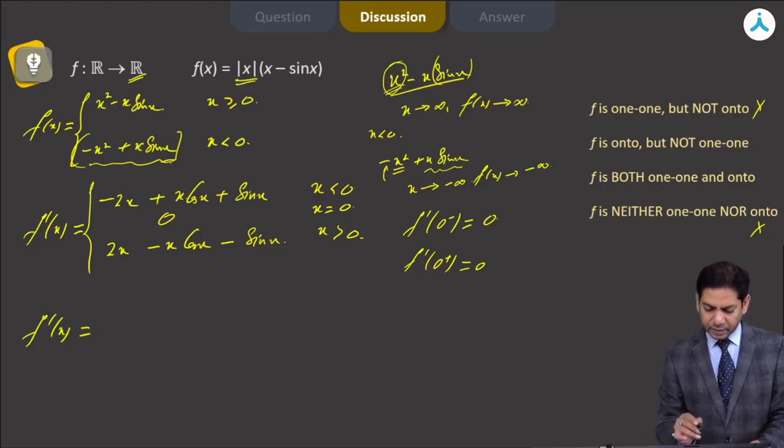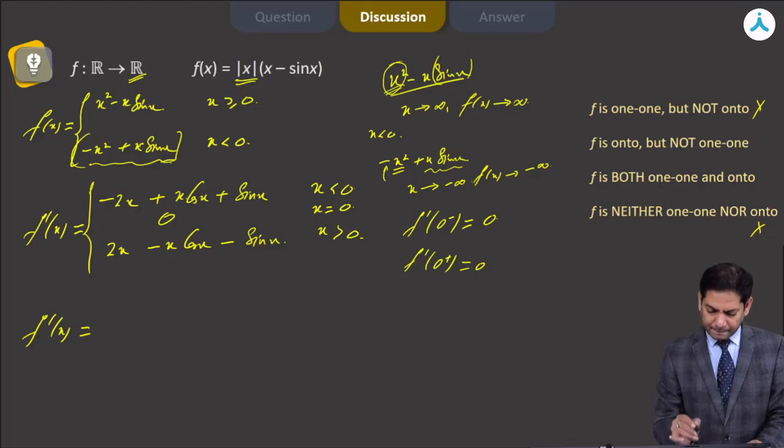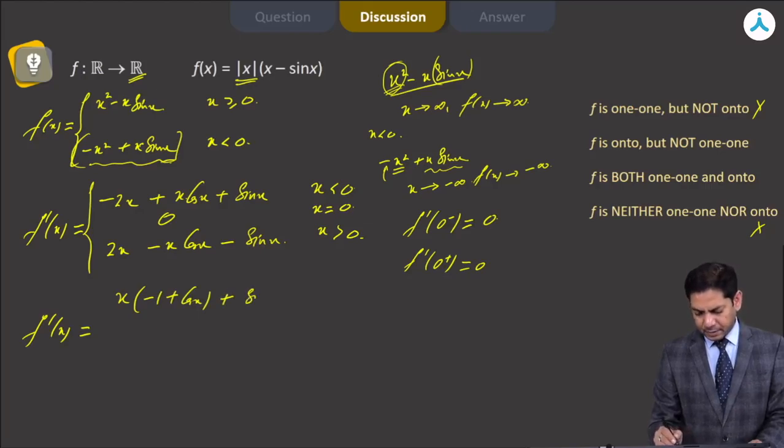By regrouping these terms, we can regroup these terms by taking out x common and writing it as x(minus 1 plus cos x) plus sin x minus x.